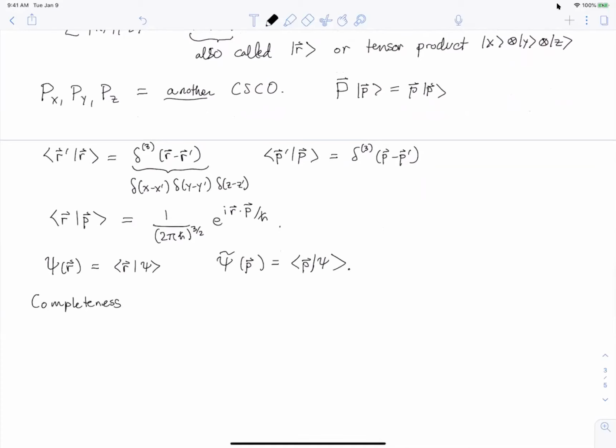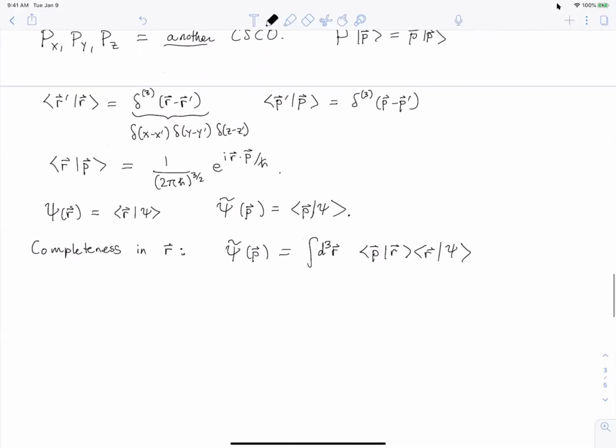So if we do completeness in position, we would say that psi tilde of p is equal to an integral over all possible positions. We're inserting a complete set of states, like so, times psi.